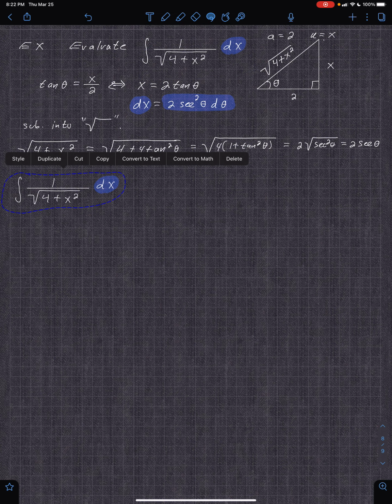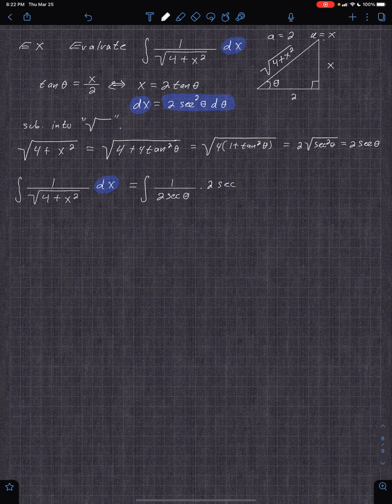It equals the integral, and then our denominator, so we worked out that denominator, so that's 1 over 2 secant theta, and then my dx is all of that, so that is 2 secant squared theta d theta.